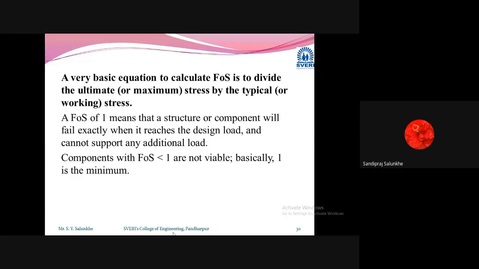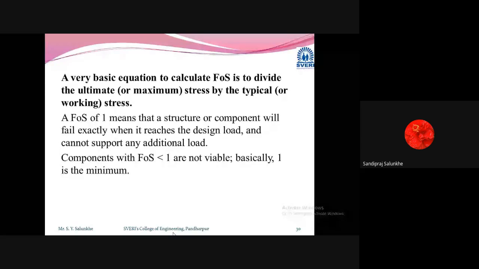So mathematically, the very basic equation to calculate the factor of safety is to divide the ultimate, that is maximum stress, by the typical, or what is called the working stress.